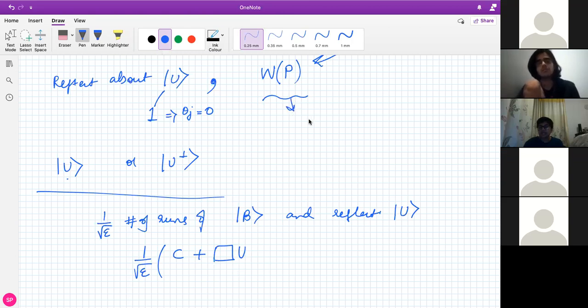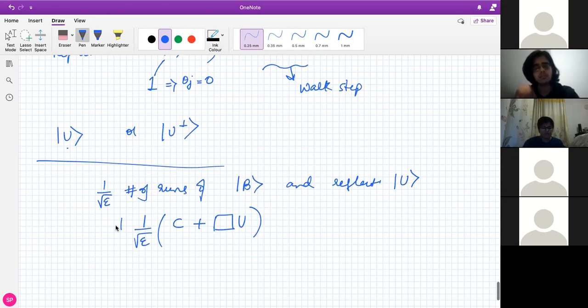Remember, in the beginning I said this is analogous to what P was in the classical case. This was my walk step. Say the walk step takes U amount of time, the update time. Then I'm going to see how many times I need to run this, and I'm going to fill that up. Plus the setup cost, which is how costly it is to make this uniform superposition state.